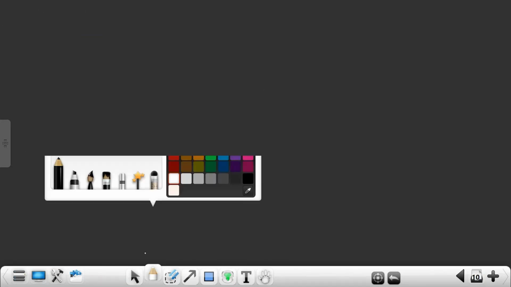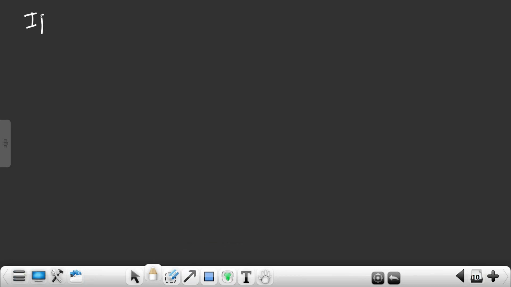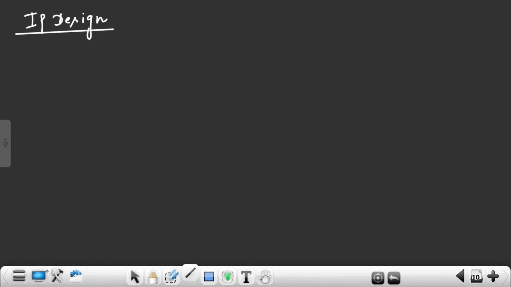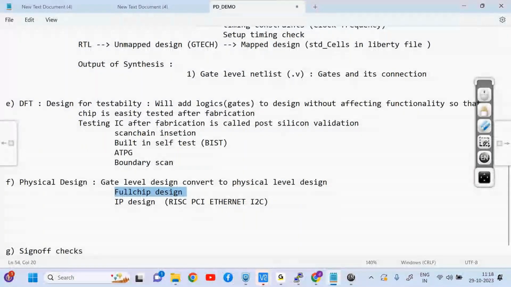So now, how does this IP design work? What is full chip level design? Full chip level design is nothing but the integration of all blocks.